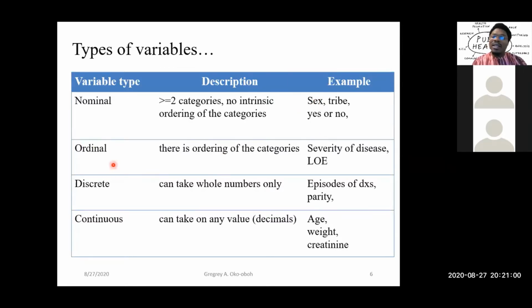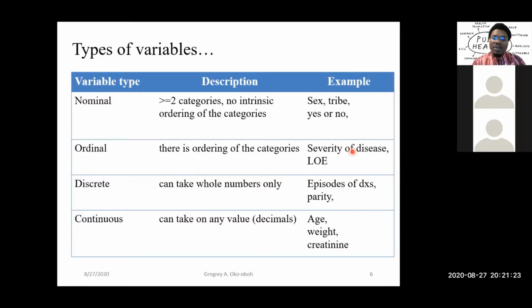Ordinal, on the other hand, is everything that nominal stands for, but the difference is that in ordinal, there is an inherent ordering of the categories. A good example is severity of disease. You can say mild, moderate, and severe.